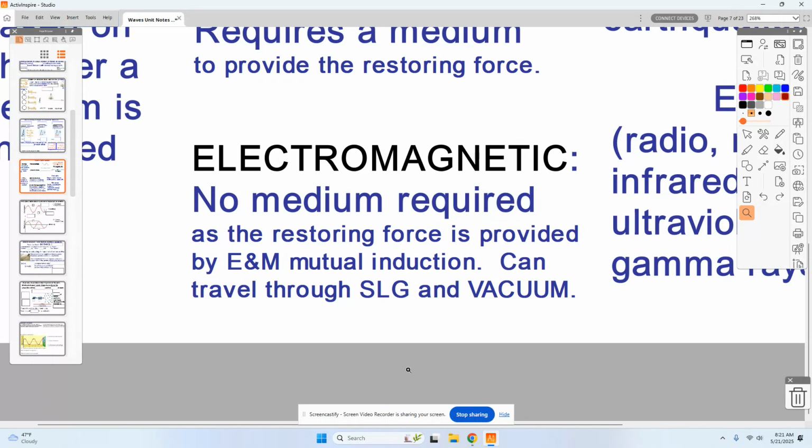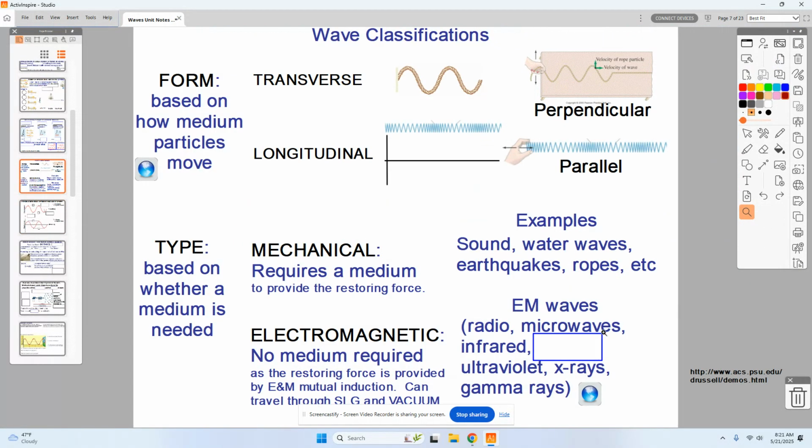And so they're able to travel through the vacuum of space. Now, the one thing that's missing over here: radio, microwaves, infrared, ultraviolet, X-rays, gamma rays, those are part of the EM spectrum. The one that's missing, of course, is the visible range. And so Roy G. Biv falls into that area. And so electromagnetic waves, again, do not require a medium.